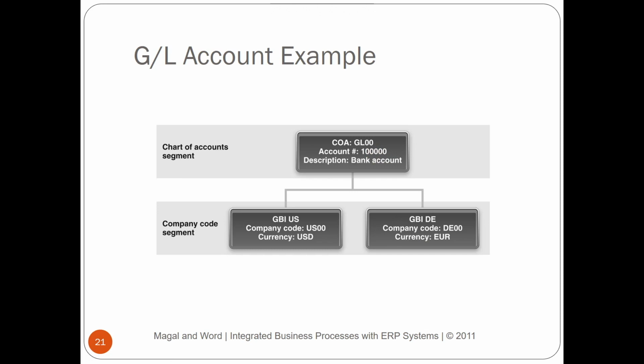Both GBI US and GBI Germany use this account, but the two companies use it differently, as specified in their company code segment. For example, the two companies have different company codes. In the US, they use US00, and in Germany, they have DE00, and they use different currencies.